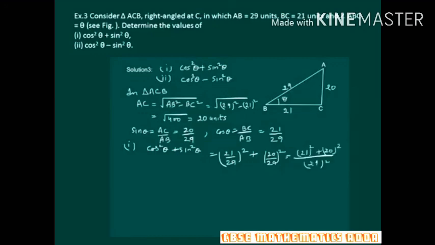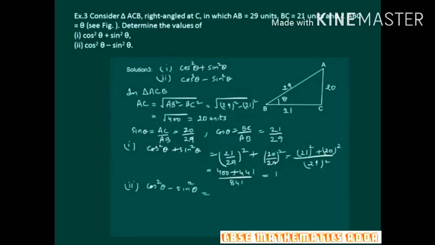And here LCM is 29 whole square. So this equal to 21 square plus 20 square divided by 29 whole square. And by simplification, here we will obtain 400 plus 441 divided by 841, and after simplification we will obtain this equal to 1.